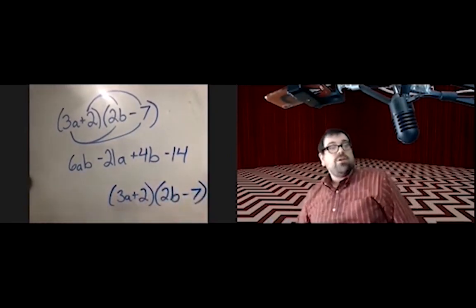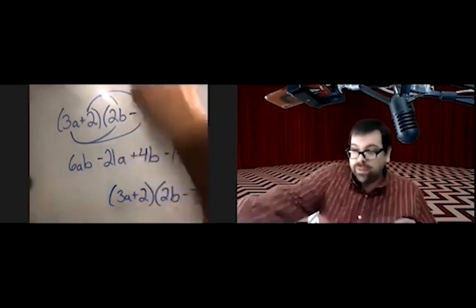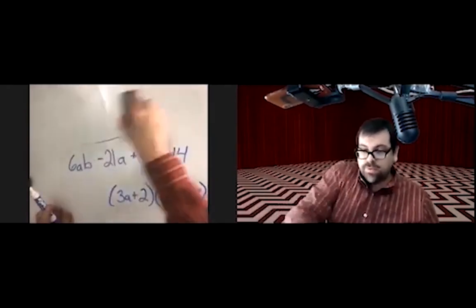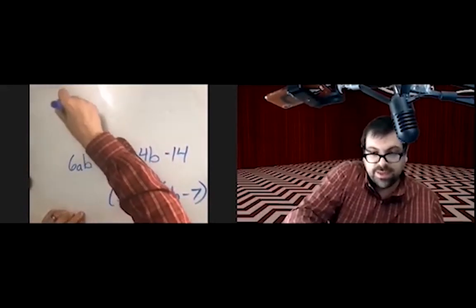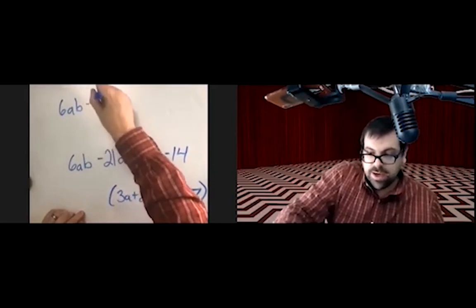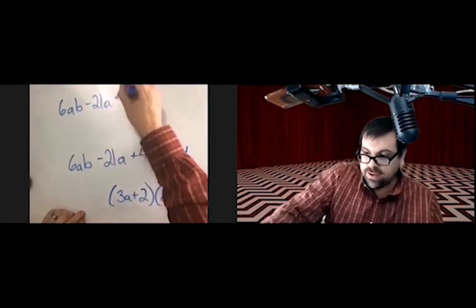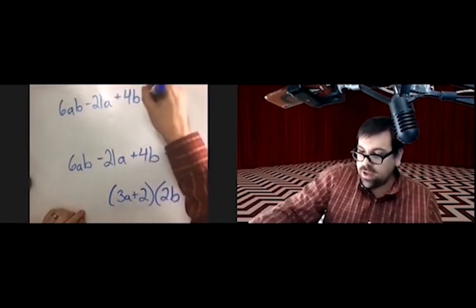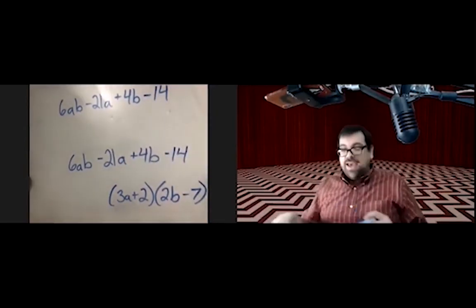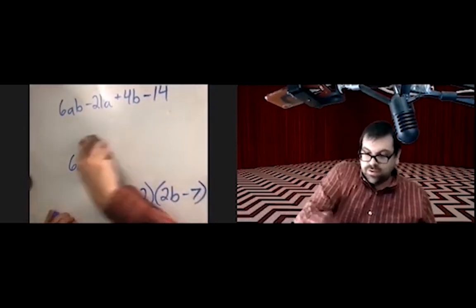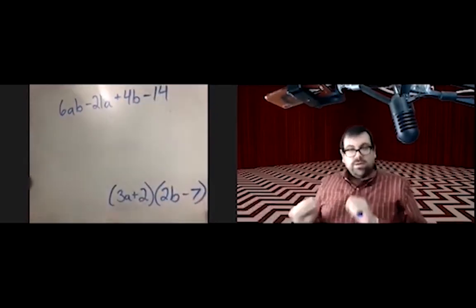Now let's find out how to do it. Let's start with 6ab minus 21a plus 4b minus 14. Let's factor, see how we get to our answer.